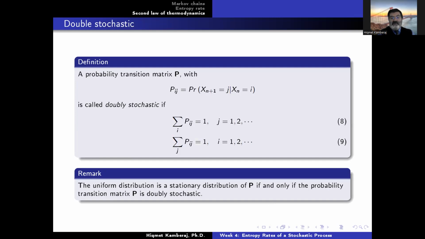Similarly, the sum over all j of P of ij is equal to 1 for i equal to 1, 2, and so on. This is the same as saying if you sum along the rows, you get 1, and if you sum along each column, you get 1 again. The uniform distribution is a stationary distribution of P if and only if the probability transition matrix P is doubly stochastic.